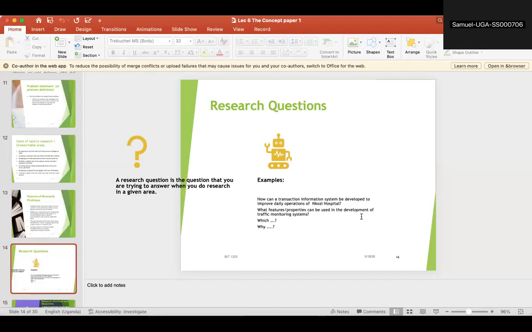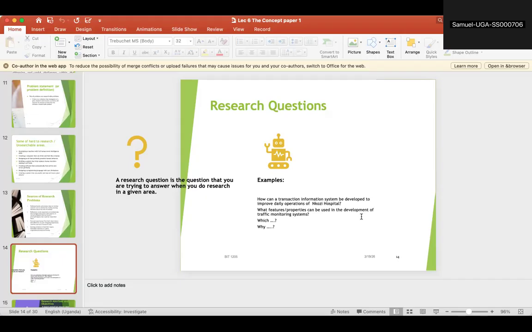A research question is the question that you are trying to answer when you do research in a given area. Let's look at an example. How can a transaction information system be developed to improve daily operations of Nkozi Hospital?